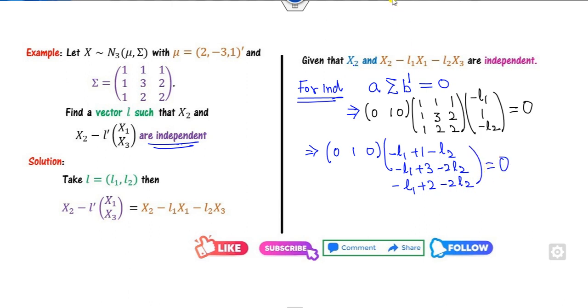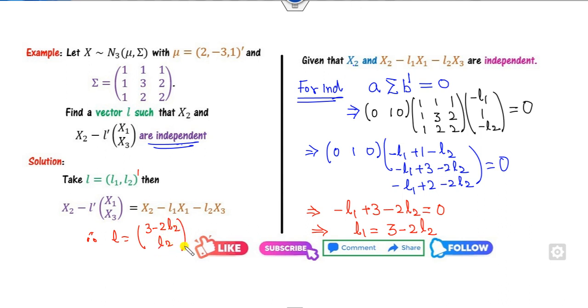Multiplying, it will be minus L1 plus 3 minus 2L2 equals 0. I can find the value of L1 from here: 3 minus 2L2. So your L is a column vector, L1 comma L2. You can substitute any value of L2; L2 can be any real number. You will get the corresponding value of L.